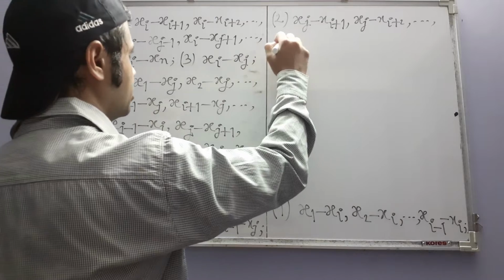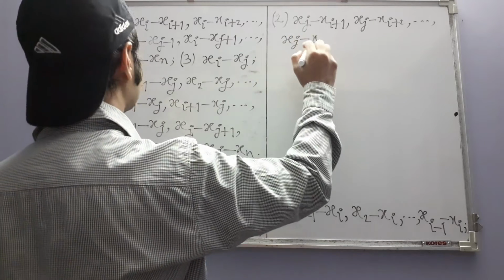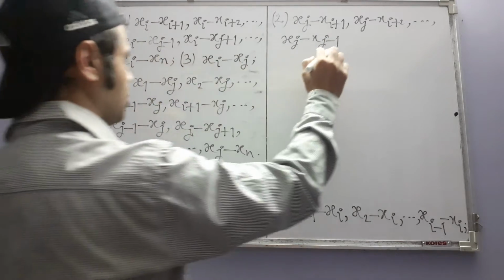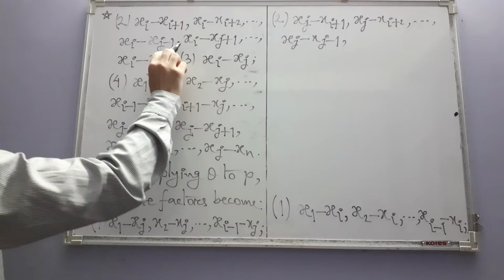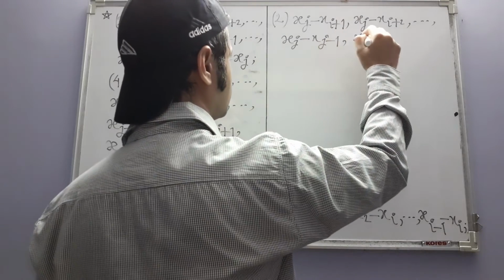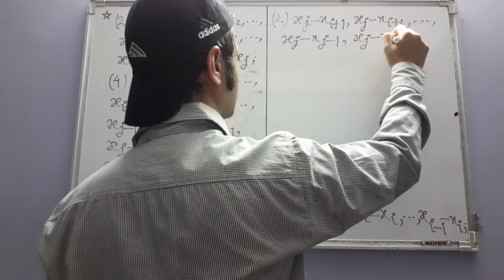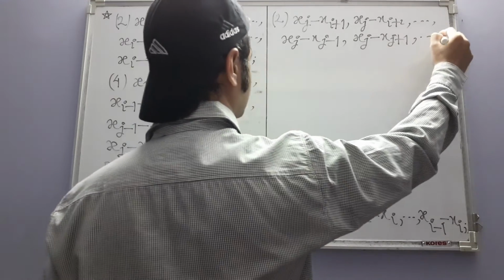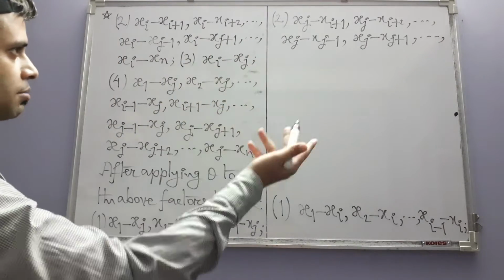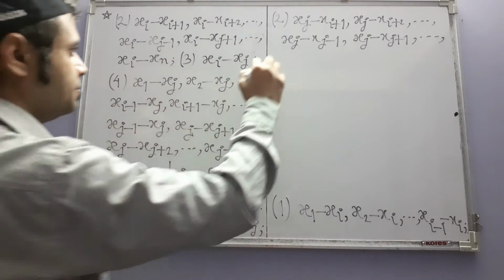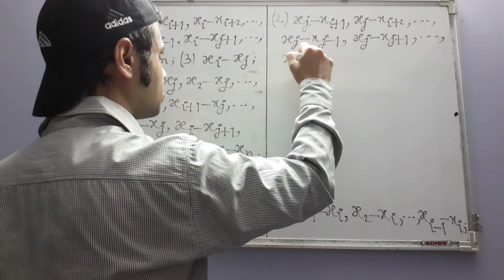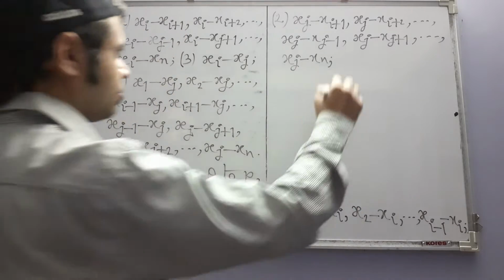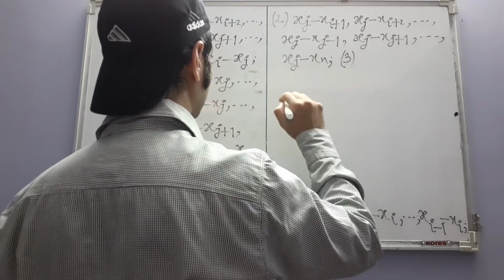Here again xj minus xj minus 1, so that means we have reached j minus 1, and then xj minus xj plus 1, and so on. The next one xj minus xj plus 2, and finally xj minus xn. Let us first complete writing these things carefully, and then we will see where we can go from there.